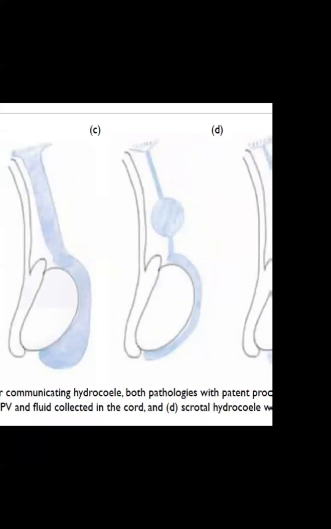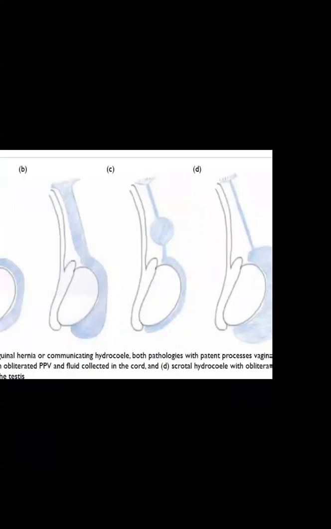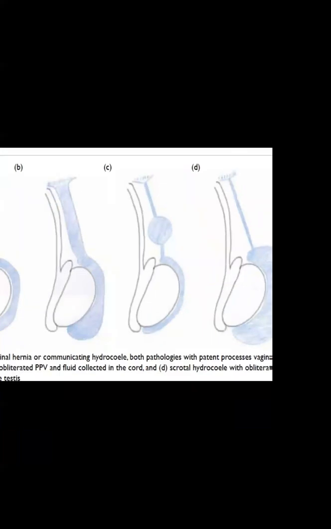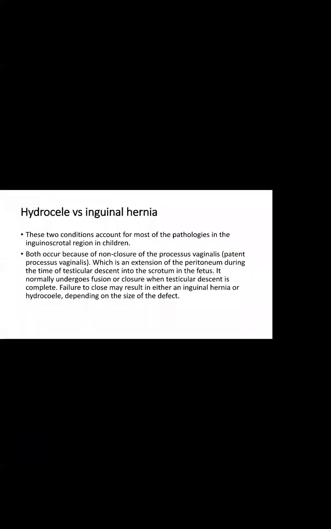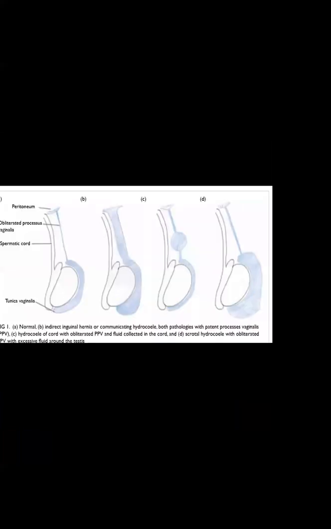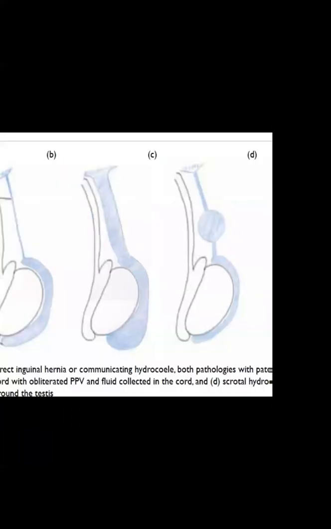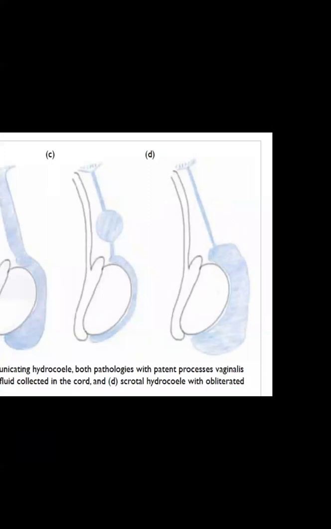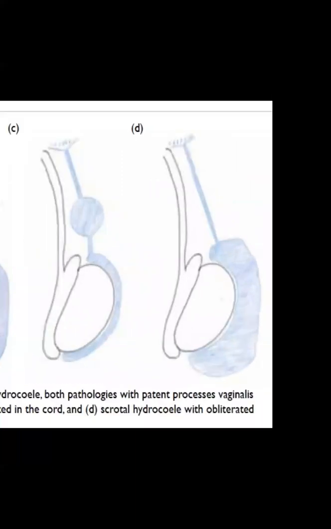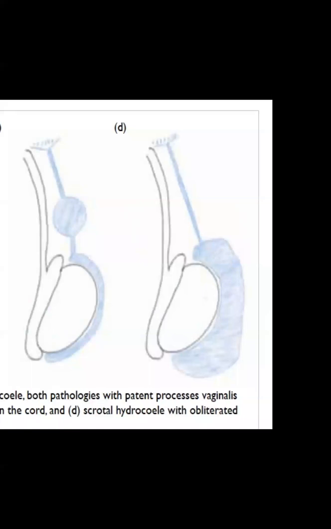And yeah, with the hydrocele, we have three types. Either the communicating type, as I just discussed with you, or, as you can see here in picture D, the non-communicating type, where there is a partial obliteration of the patent processus vaginalis.